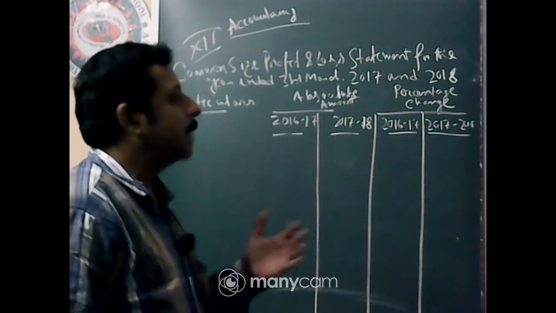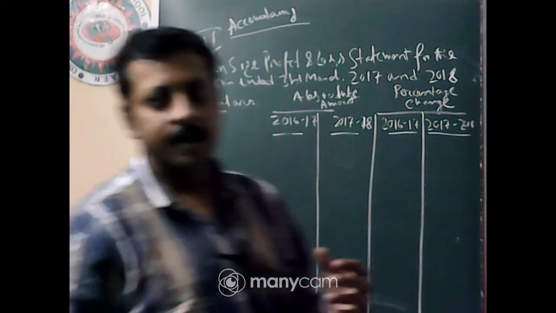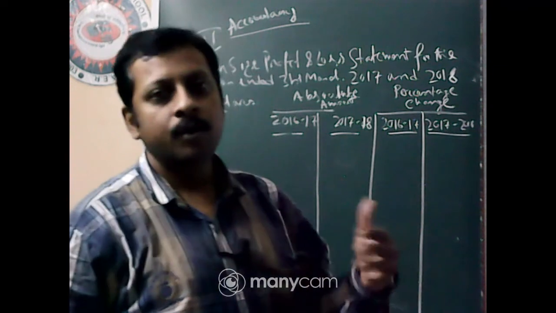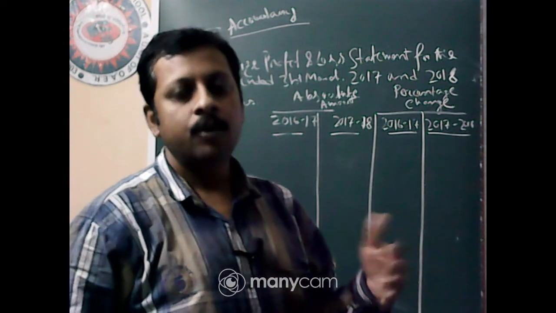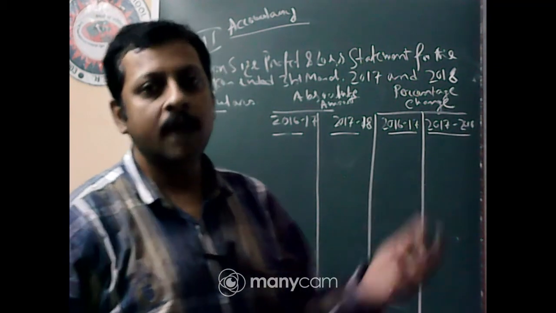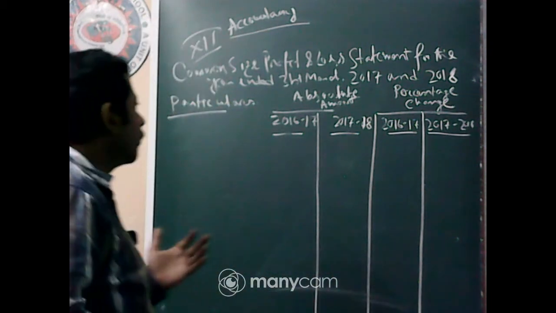In case of liability, total liability will be your base. In the total liability, what will be the shareholder funds? What will be non-current liability? What will be your current liability? That is all you figure out.